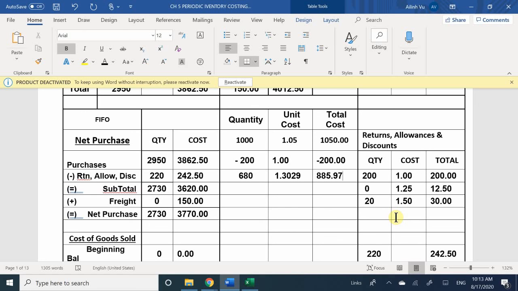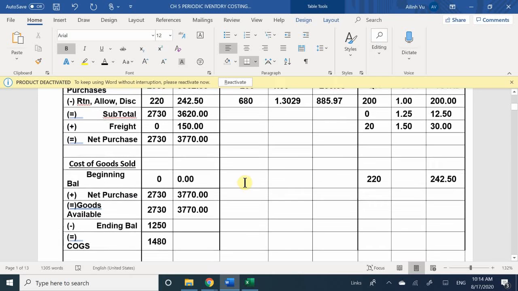I thought we weren't rounding. We round at this part right here because this is what we're journalizing. So we don't round the unit cost or the cost per item. We only round the total cost because you can't subtract a tenth of a penny, but you can multiply a tenth of a penny. I don't know if that makes any sense. This is the number that we're journalizing at the end of the day. Yes? Okay. All right.